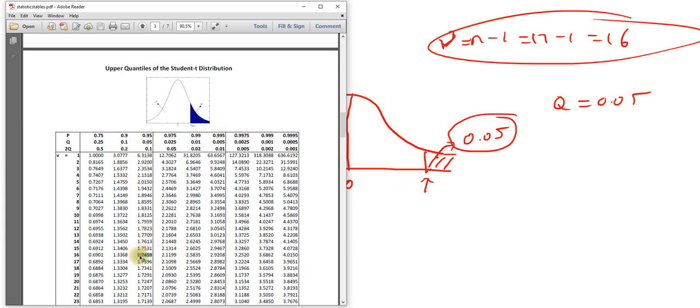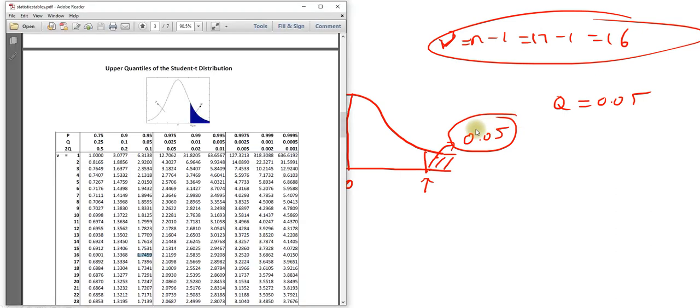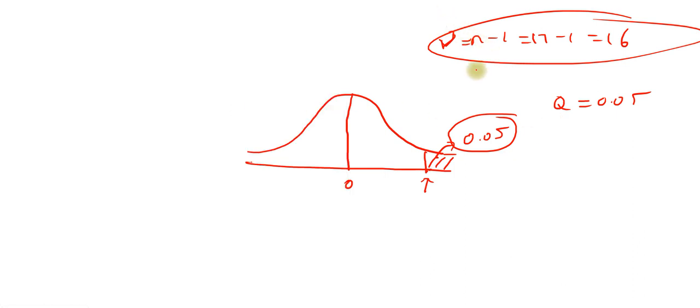So 1.7459. Any value that goes above 1.7459 is going to be rejected automatically, and any value less than that will not be rejected.